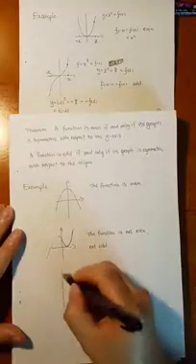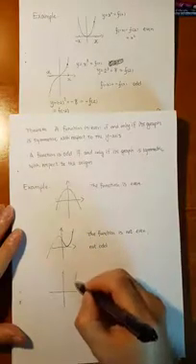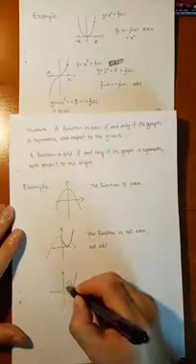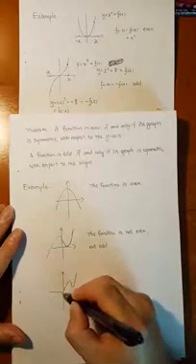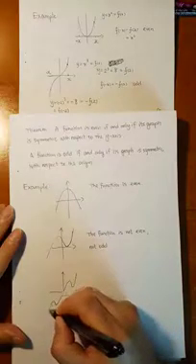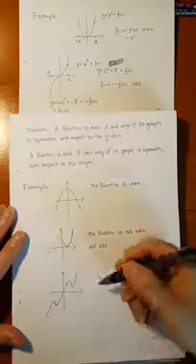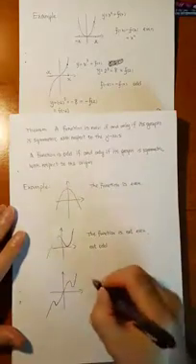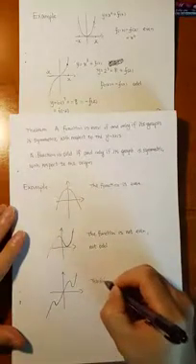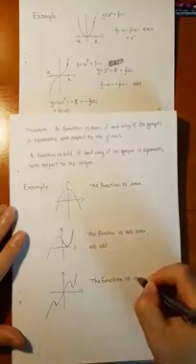And if you see the graph of a function like this, let me stretch it, assuming my graph is better than this handwriting, this function is an odd function.